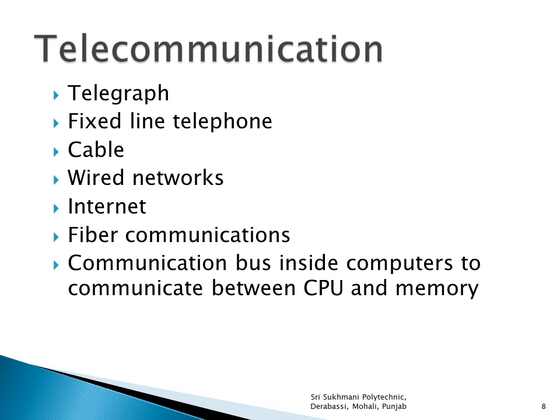Then we have fixed line telephones, which are available at your homes or government offices. We have cables, we have wire networks, we have the internet, which you are using. And for the internet, today fiber communication is used because it has many advantages.